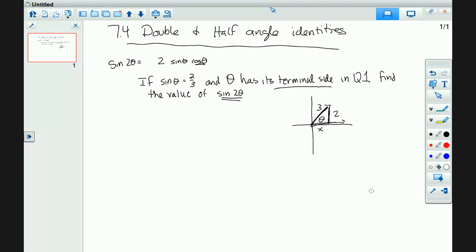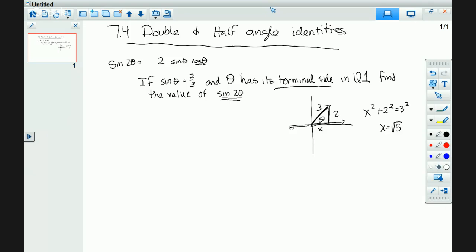So we have to solve the Pythagorean theorem here to find x. 9 minus 4 is 5, so x is the square root of 5. Again, be careful here that you check, is this x positive? Yes, it is. It's a positive x value.